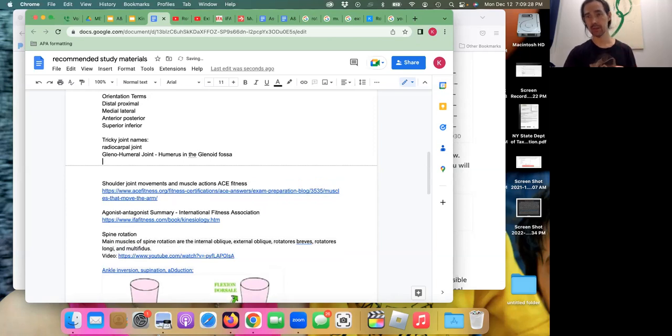The hip also has a similar name. With the hip joint, the fossa is called the acetabulum, and the bone is the femur. So it's the femoroacetabular joint. That's the femur in the acetabulum.